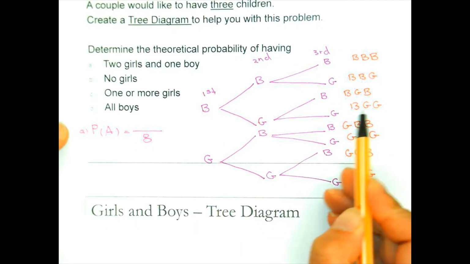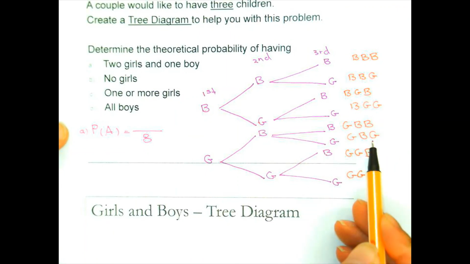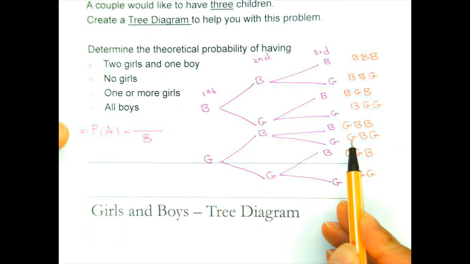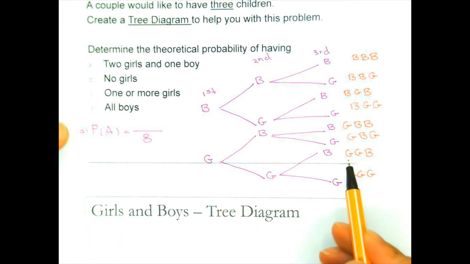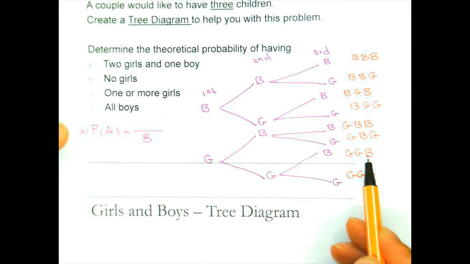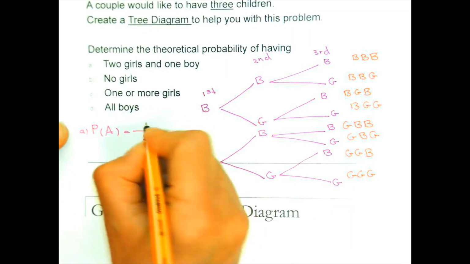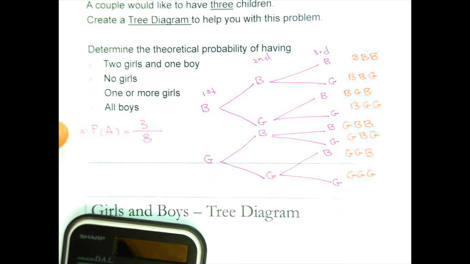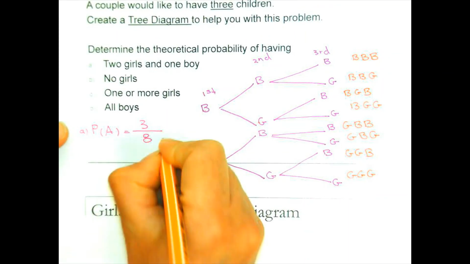That's 1, boy, girl, girl. There is also this one, girl, boy, girl. So that's 2. And then girl, girl, boy. So 3. So 3 divided by 8 is 37.5%.